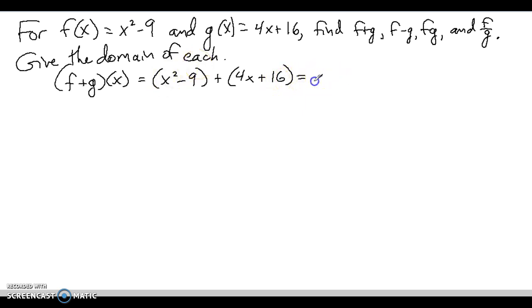I only have one x squared term. I only have one x term. But I have a negative 9 and a positive 16 gives me a positive 7. So f plus g of x is equal to x squared plus 4x plus 7.